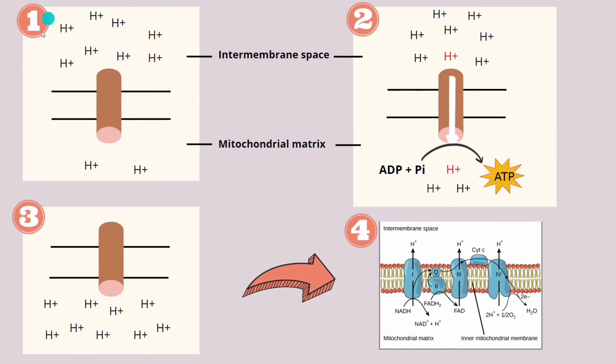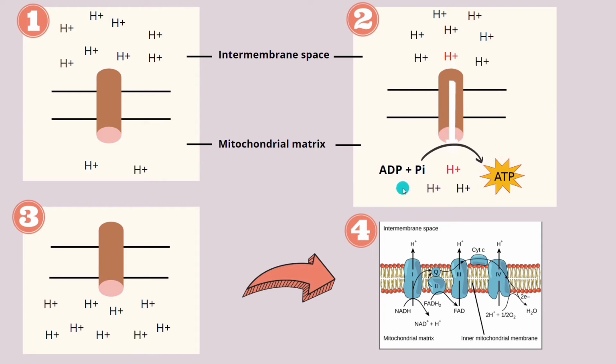That means there is a high concentration of protons in the intermembrane space compared to the mitochondrial matrix. The proton gradient causes protons from the intermembrane space to diffuse back into the matrix of the mitochondria through ATP synthase. ATP synthase uses energy from the flow of H+ to catalyze ATP formation from ADP and inorganic phosphate.